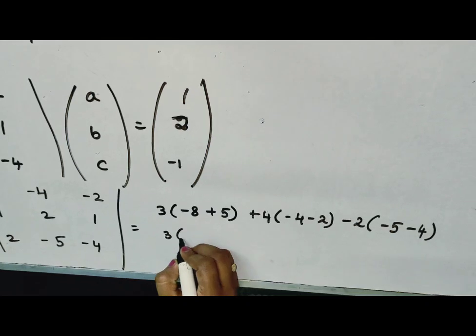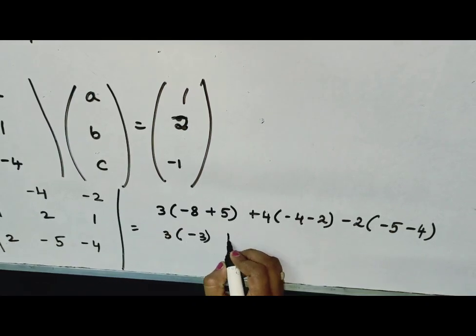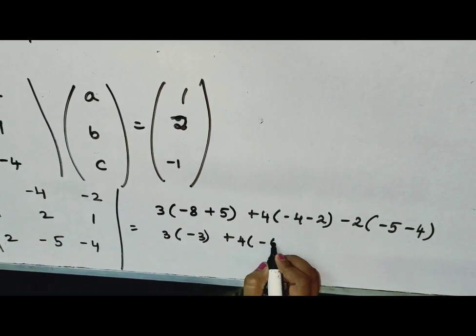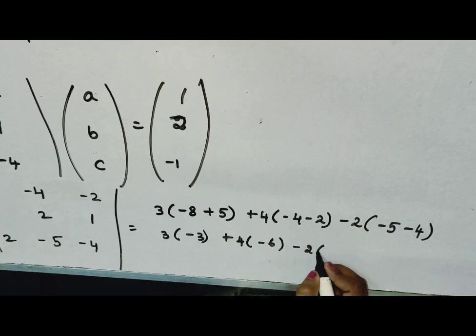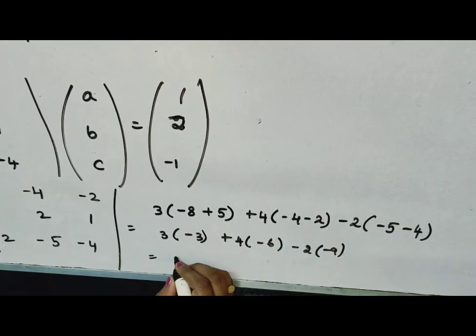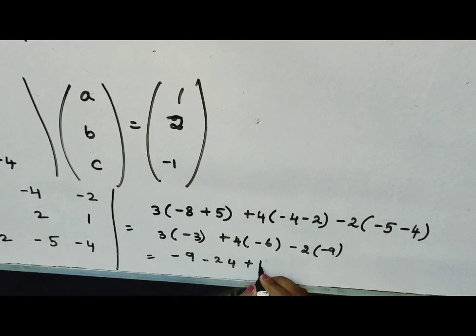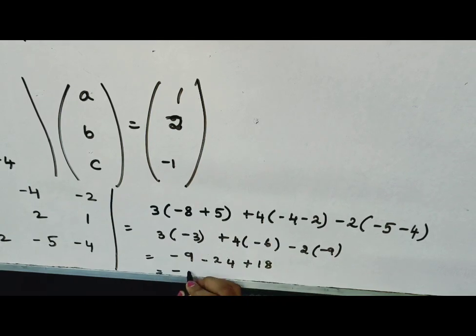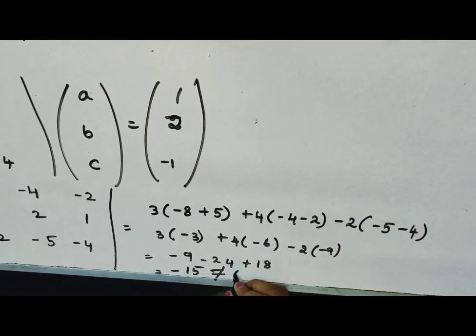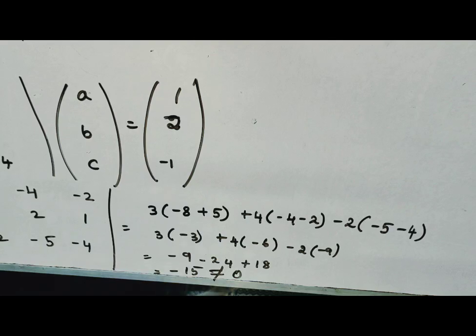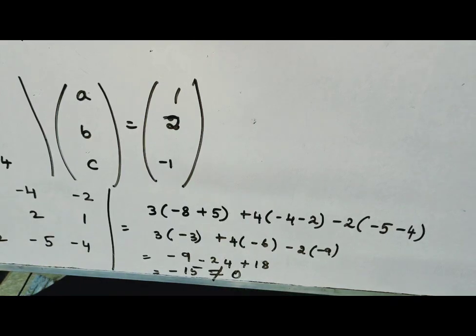So, 3 into minus 3 plus 4 into minus 6 minus 2 into minus 9. So, minus 9 minus 24 plus 18, which is nothing but minus 15. So, the delta value is not equal to 0, only then we can find the values of the variables.